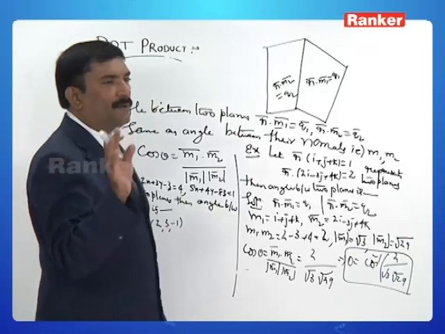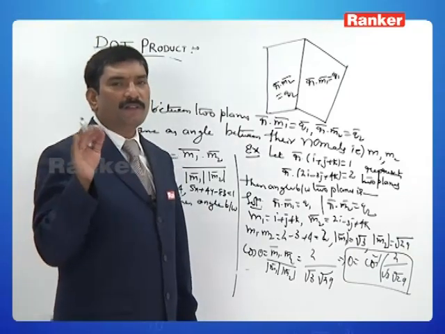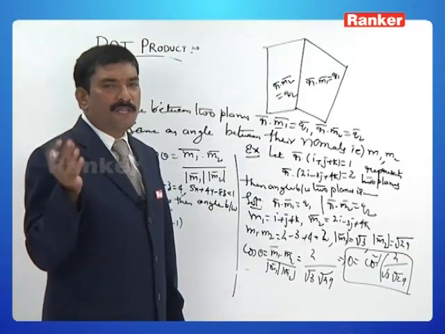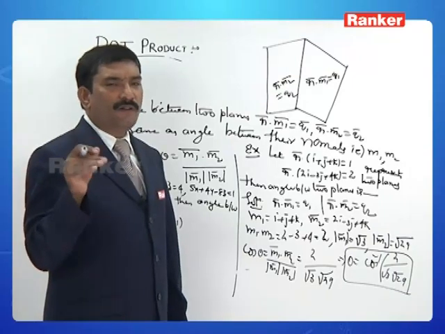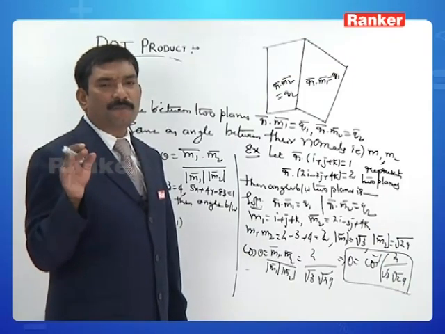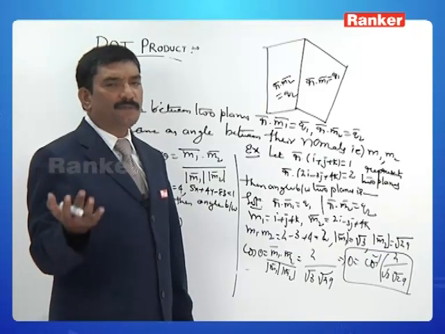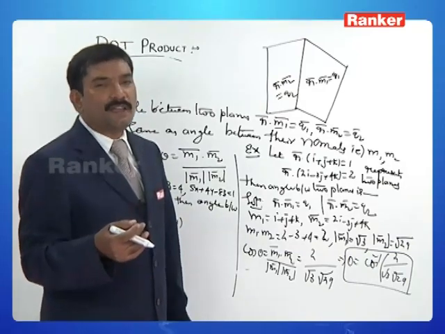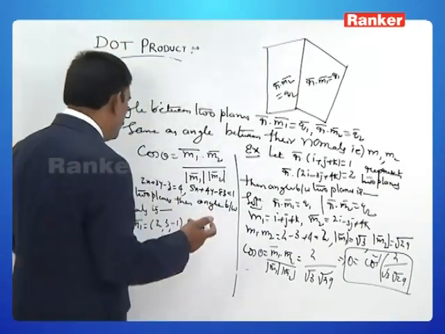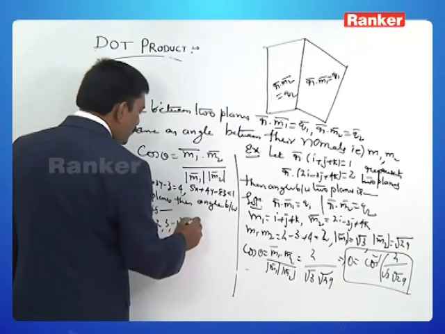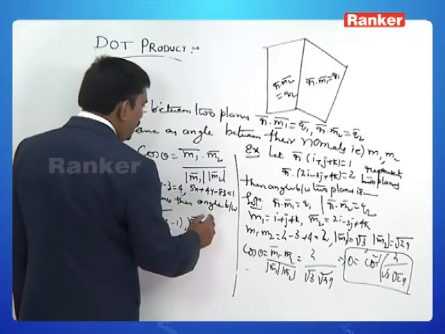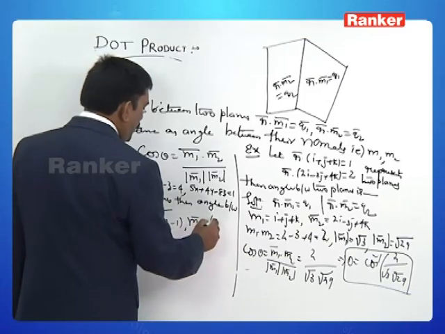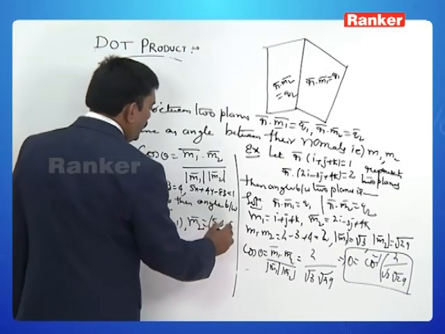Always m1 bar and m2 bar may change according to the scalar components, but r bar is always according to the orthogonal Cartesian coordinate system, r bar is equal to xi plus yj plus zk. Now m2 bar is equal to the coefficients of xyz: 5, 4, -8.